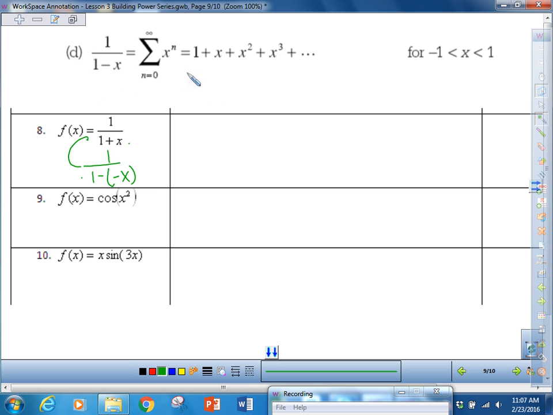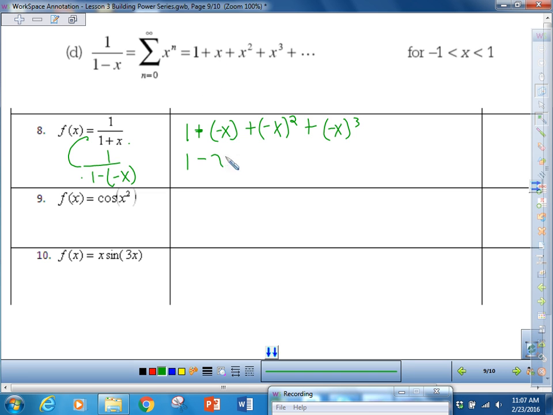So now what I can do is every place I see x, I'm going to replace it with what? Negative x. That is correct. So this becomes negative x plus negative x quantity squared plus negative x quantity cubed. And you can see that this is going to produce, that should be plus from the original.